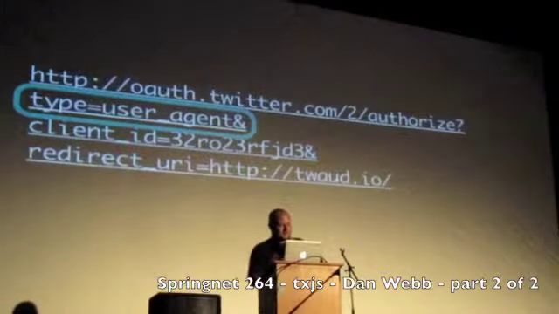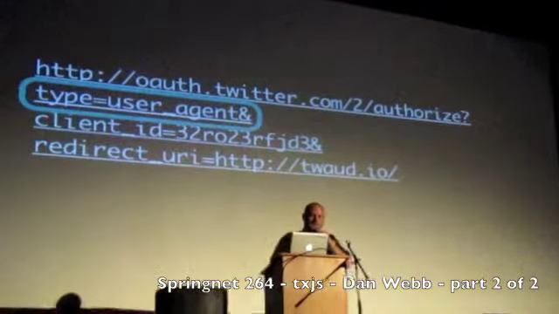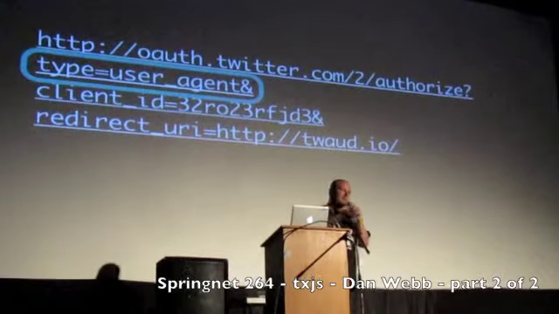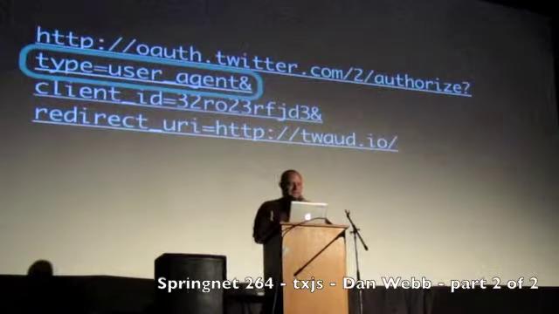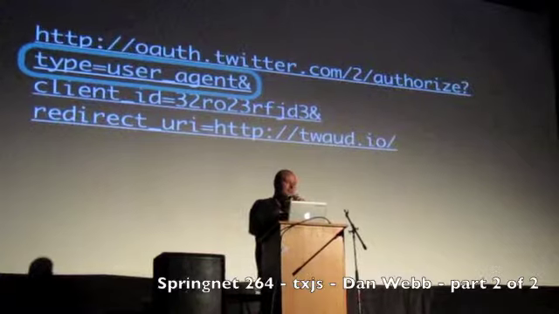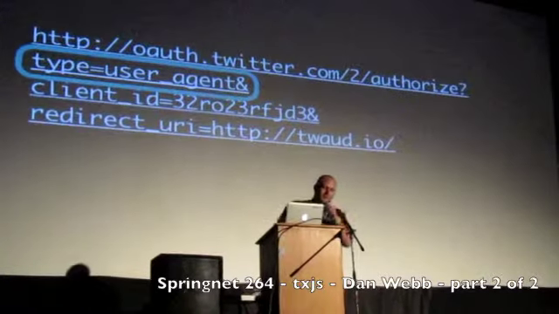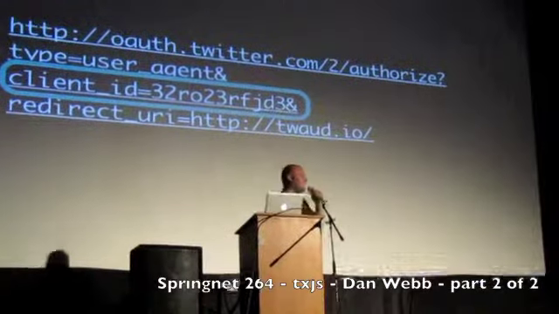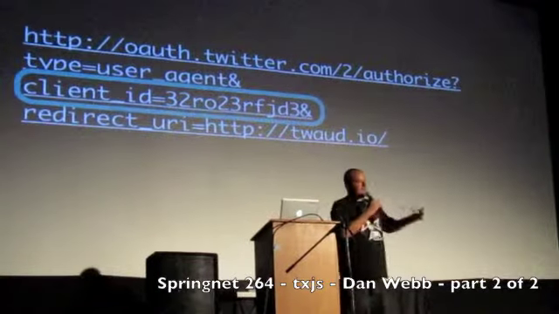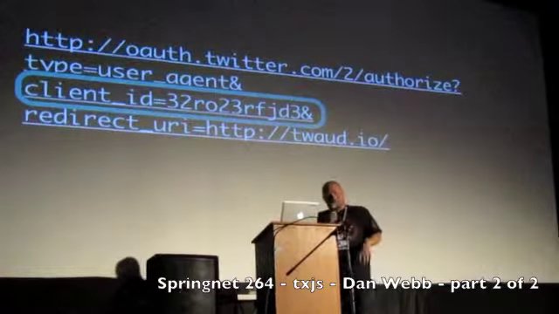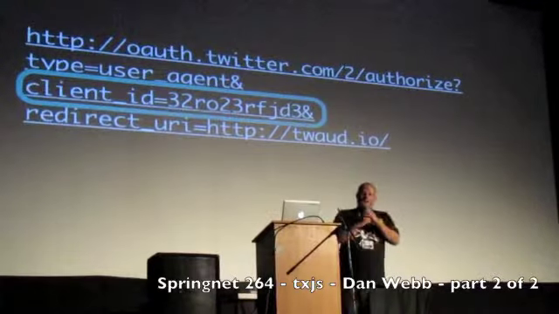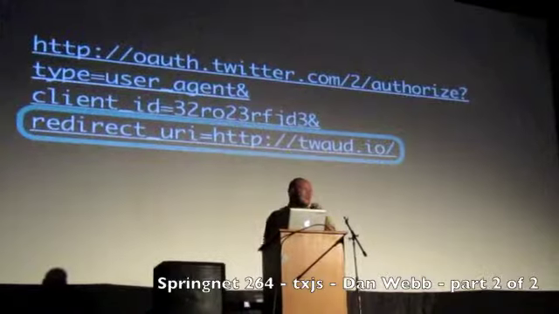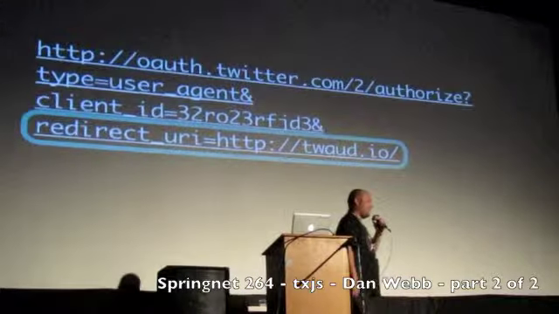The URL that we use to do that looks something like this, but basically it has a type, which says there are various ways of using OAuth 2, and the one we use is the user agent flow. So we specify that. We also give the client ID, which the client needs to sign up for an application. They get this ID. And then the third thing is the redirect URI, and that's normally just the page that they happen to be on at the time.